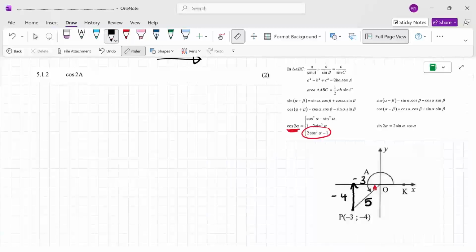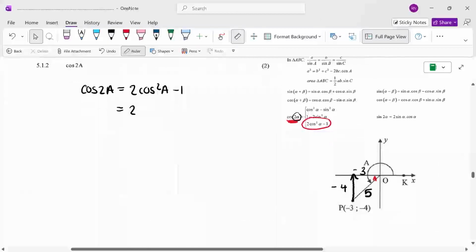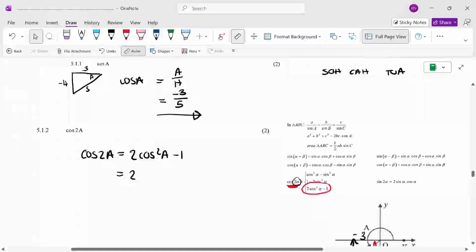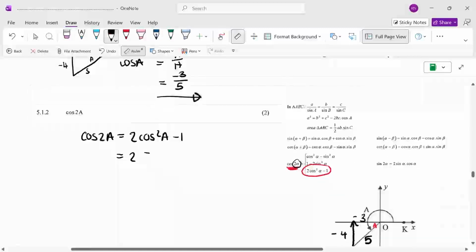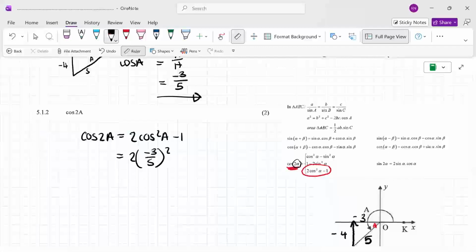Okay, so I'm going to say cos of 2A is the same as 2 cos squared A minus 1, right? So instead of having 2 alpha, I'm going to have 2 cos squared alpha minus 1, okay? So I can write this as 2 times -3/5, and I'm going to square that, right?